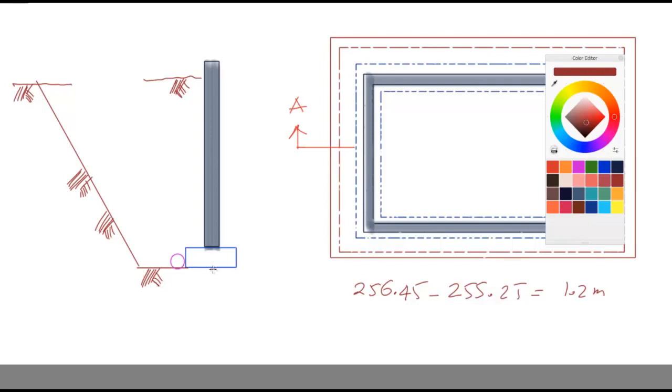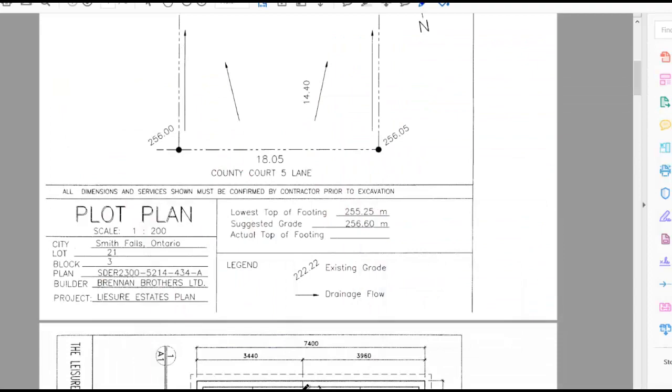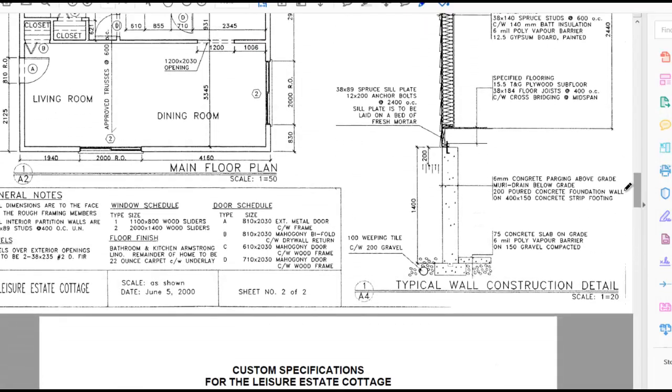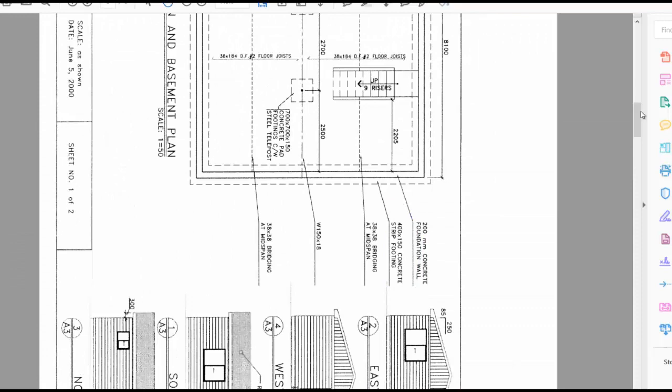This footing is given as 400 by 150 thickness in the drawings. If you go to the drawings, you'll see in the section part here, it says, sorry, you have to search for it.